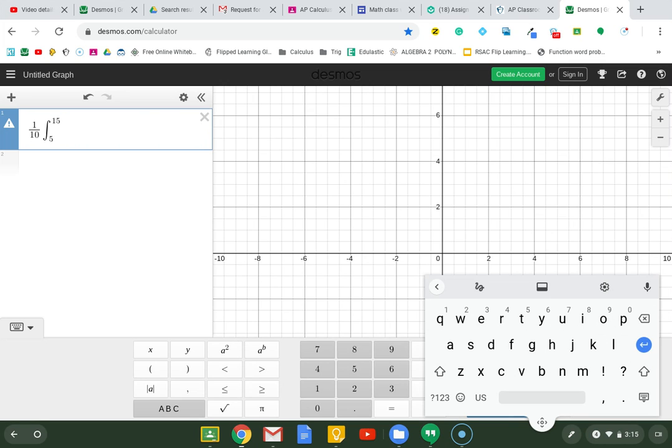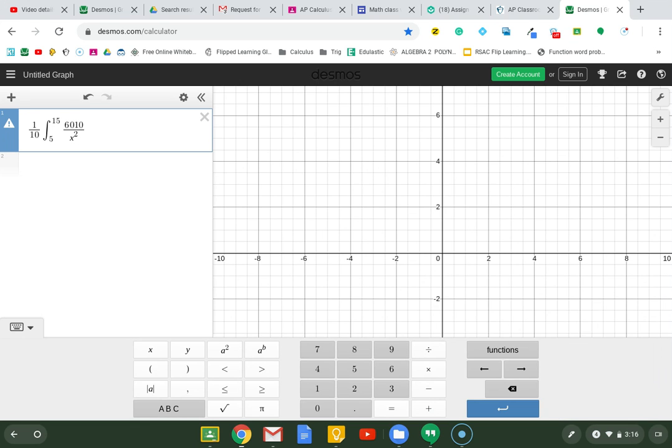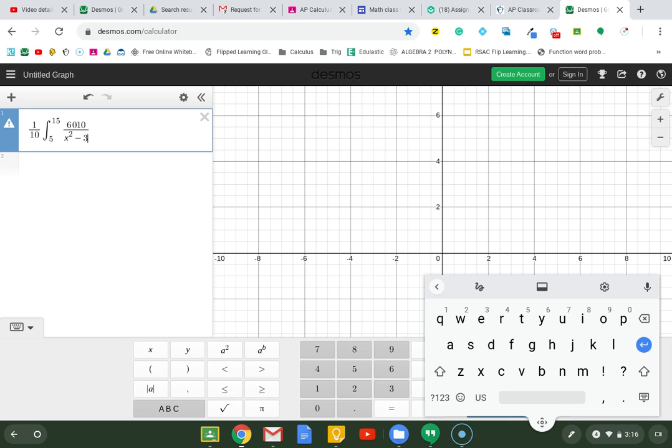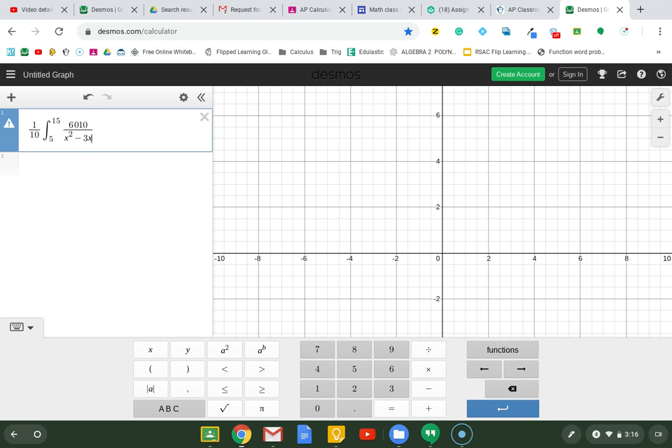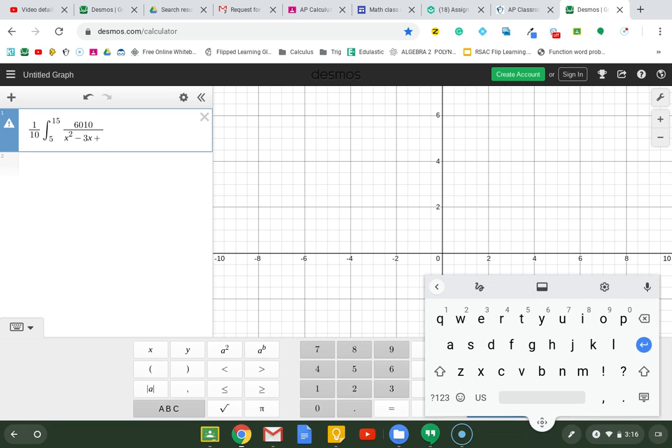And it was 6,010 divided by, we're going to say x squared minus 3x plus 50.5. Okay, so that's going to be, and we also needed to say dx. Okay, so it's 54.409.